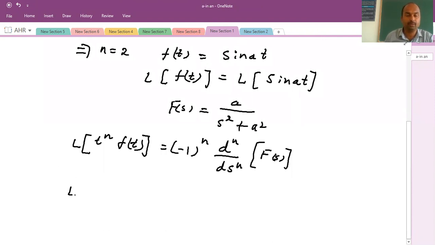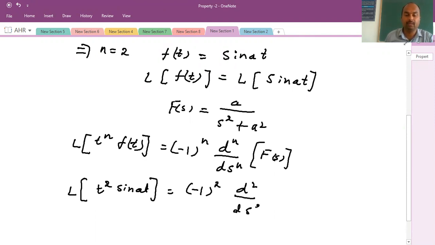So therefore, Laplace transform of t square sin at, that is, n is 2, minus 1 whole square. This becomes d square by ds square of a by s square plus a square.